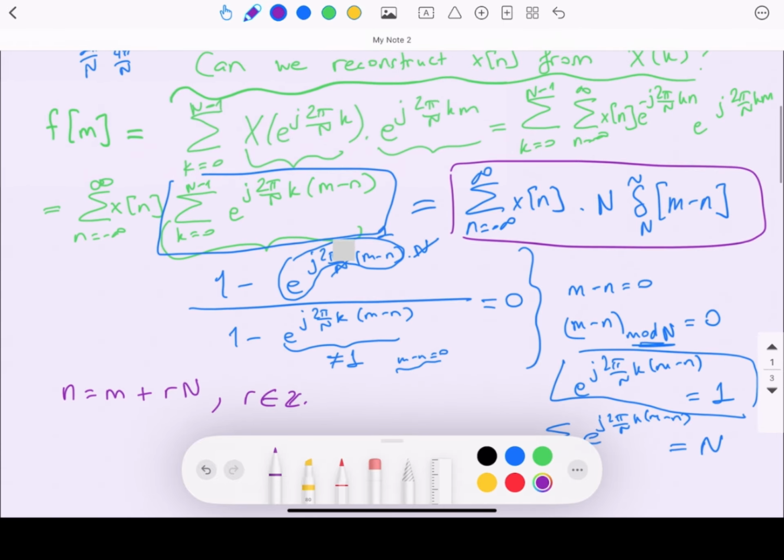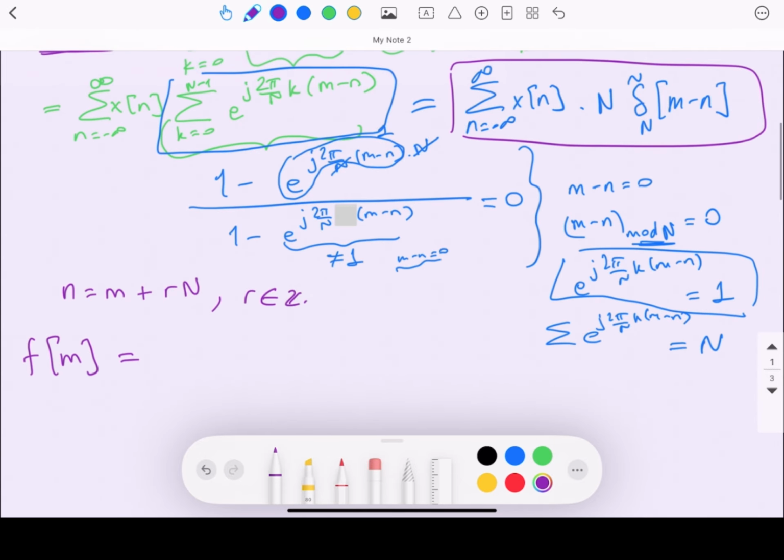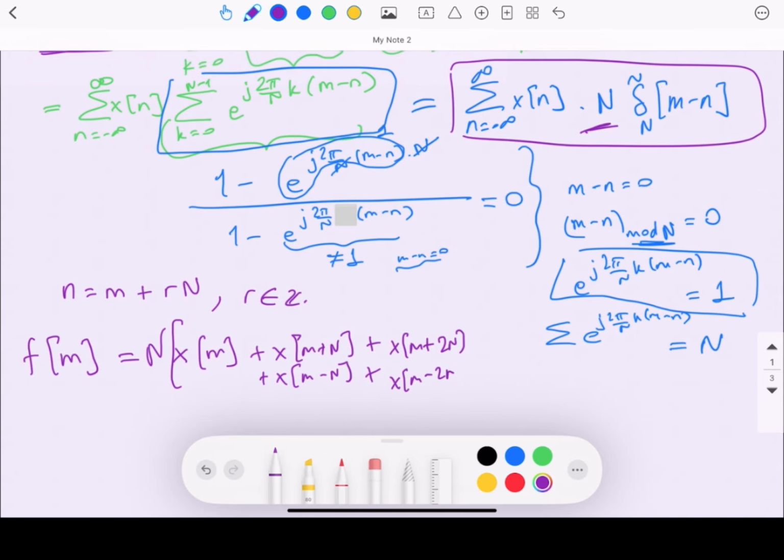Remember, this is the reconstructed signal f of m. This is equal to x of m plus, we had this N multiple, let's not forget that, x of m plus N. We also have x of m minus N, plus x of m plus 2N, x of m minus 2N, and so on.